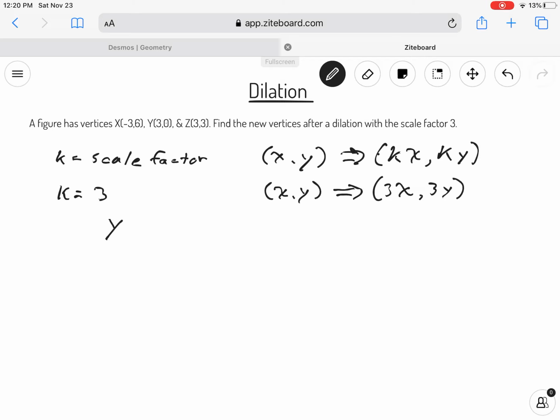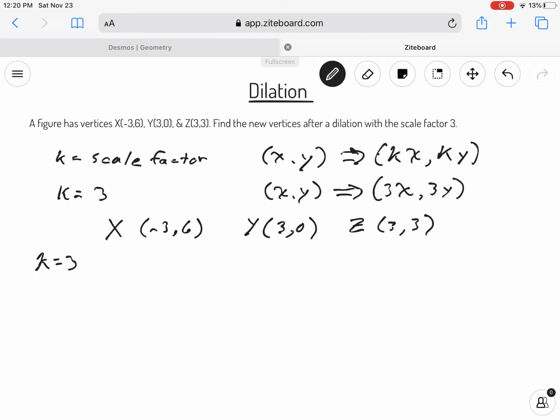So we have the point x, which is -3 and 6, and the point y, which is 3 and 0, and the point z, which is 3 and 3. So I'm going to multiply it by my scale factor, k equals 3.